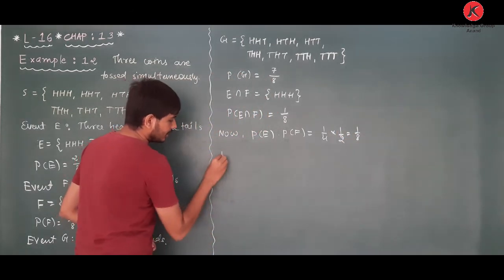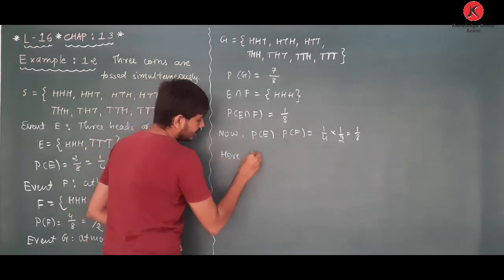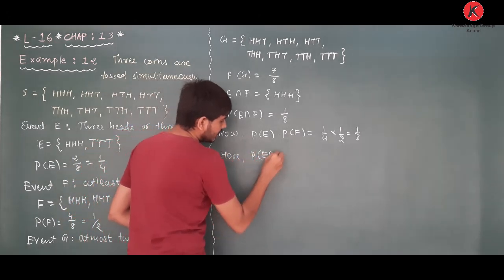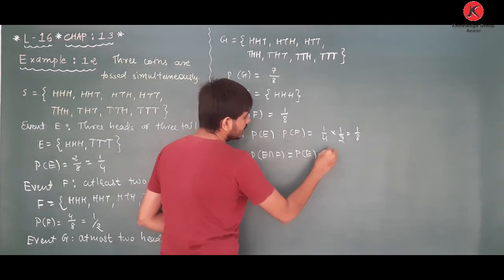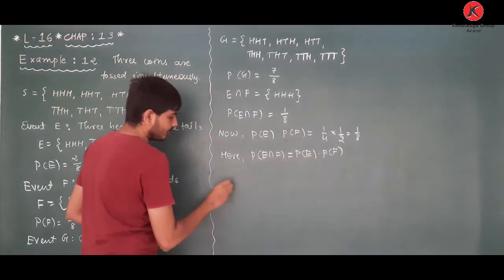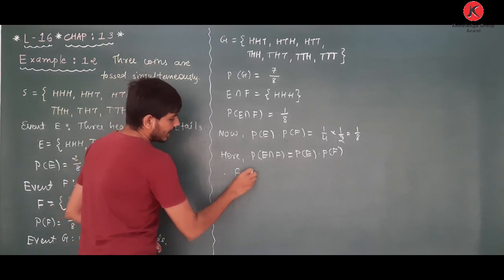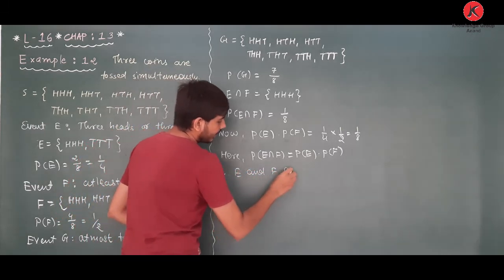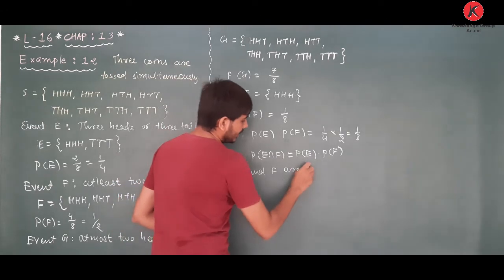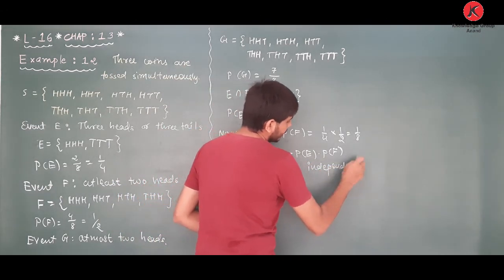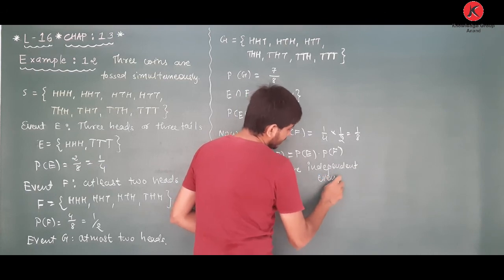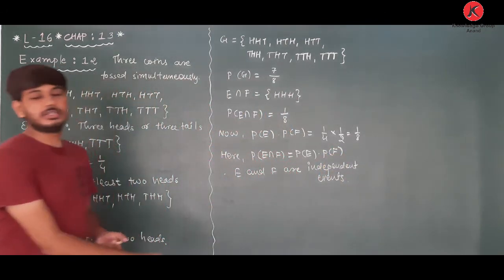Therefore probability of E intersection F equals probability of E into probability of F. So E and F are independent events.